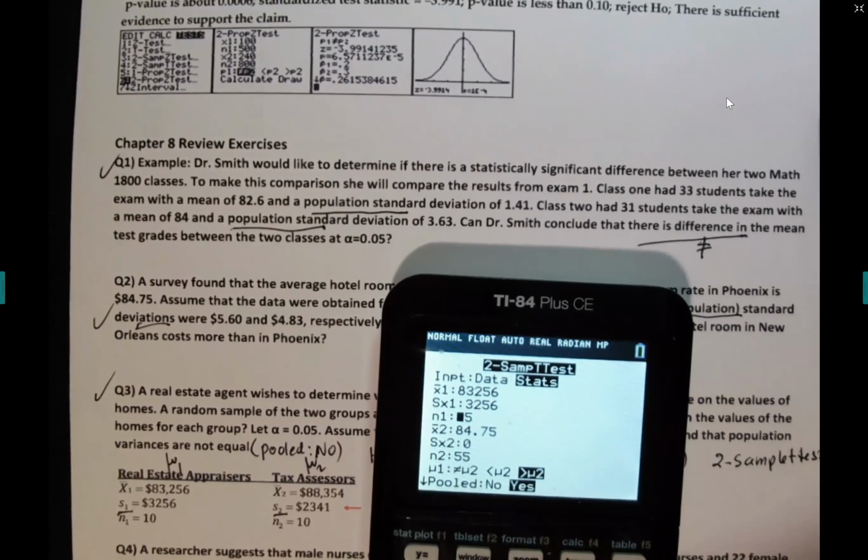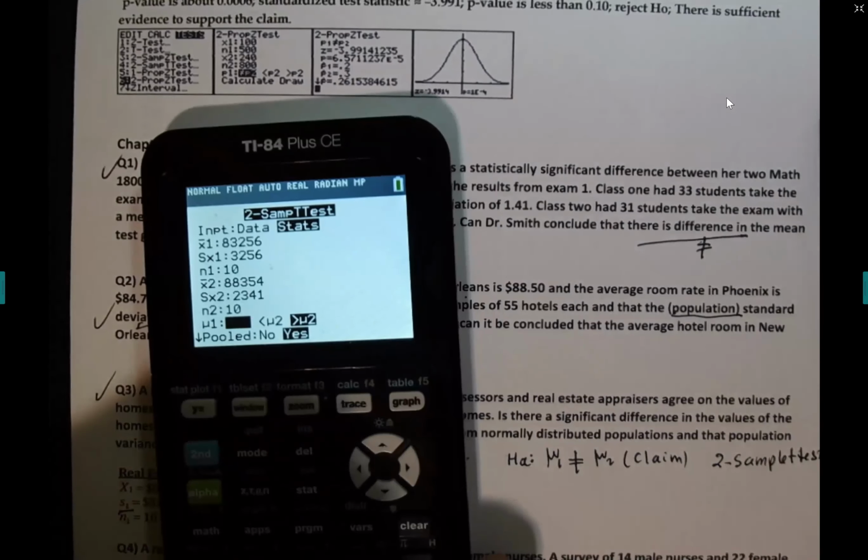N1 is 10 homes. And the tax assessors, they usually probably go a little bit higher because they want to charge us more taxes, so generate more revenue for the city. 2341, and N2 is 10. And you guys agree that it should be different from.